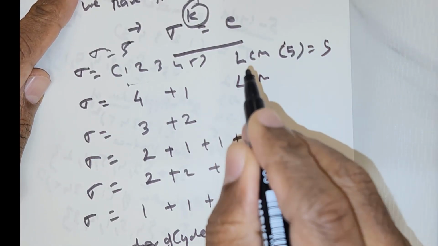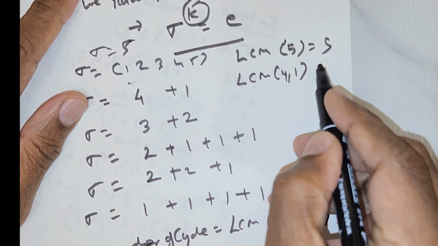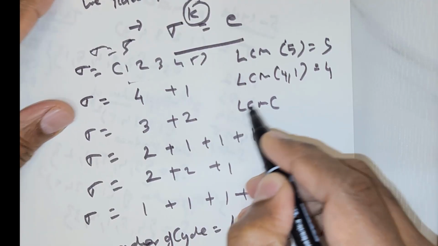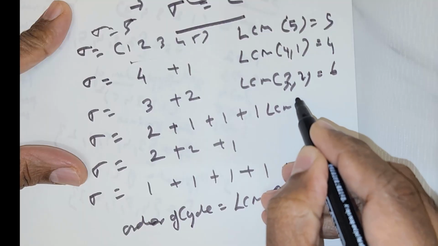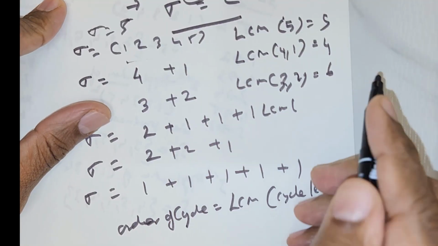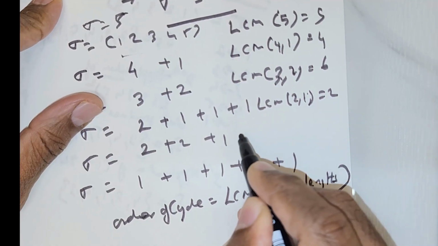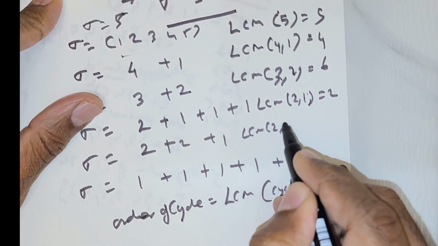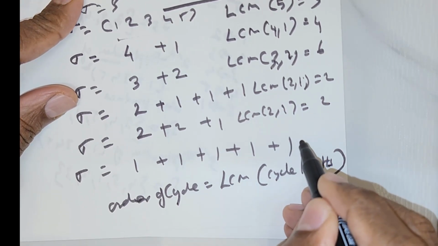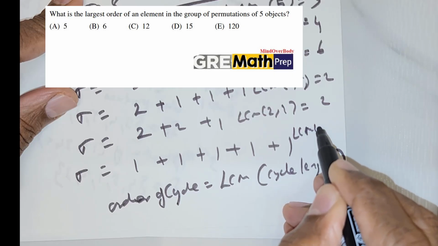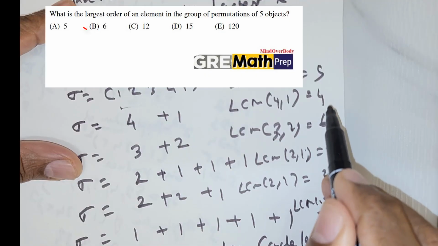Over here we need the LCM of 4 and 1, which is 4. Next is the LCM of 3 and 2, which is 6. The LCM of 2, 1, 1, 1 is going to be 2. The LCM of 2, 2 and 1 is again going to be 2. And the LCM of all 1s is going to be 1.